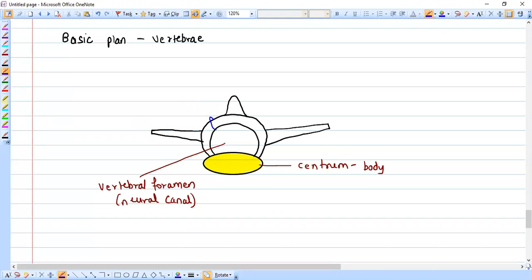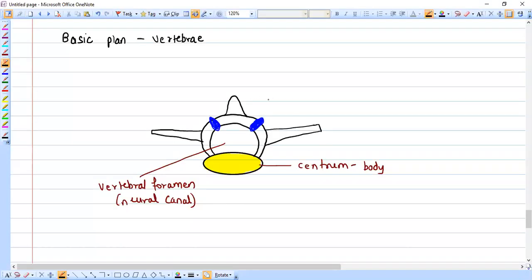So I take this as the facet on one side. This facet is for other vertebral bone to sit on it. So this becomes another facet. Now let's do the labeling. So what you can see here, basically, if I make it a bit short, it's quite big, so I take it in this way.